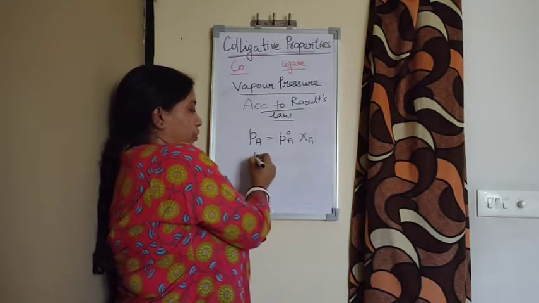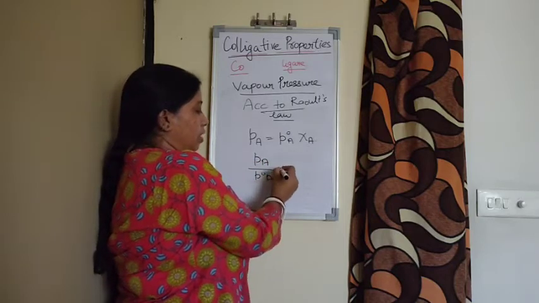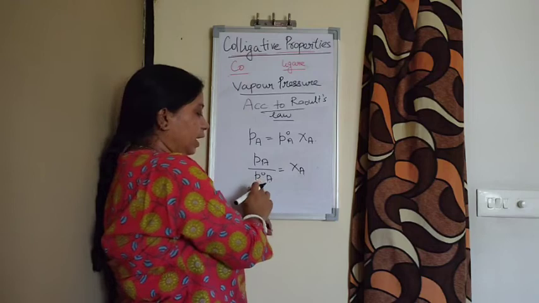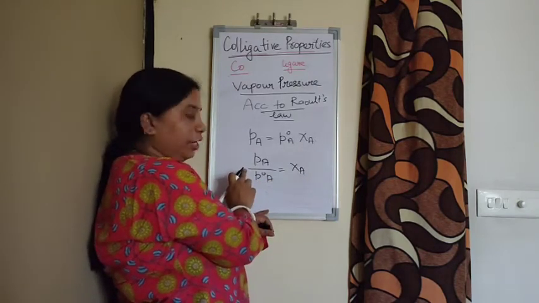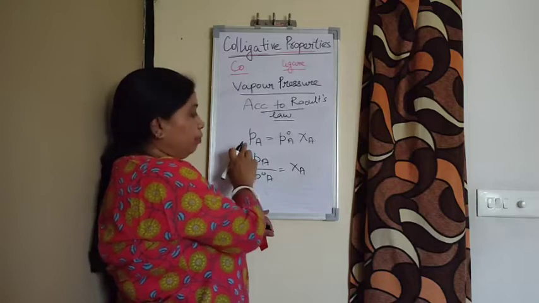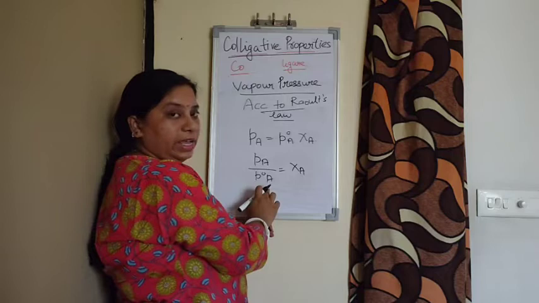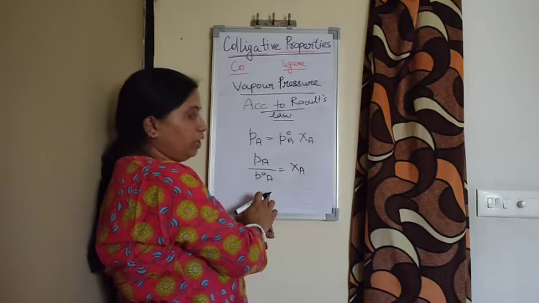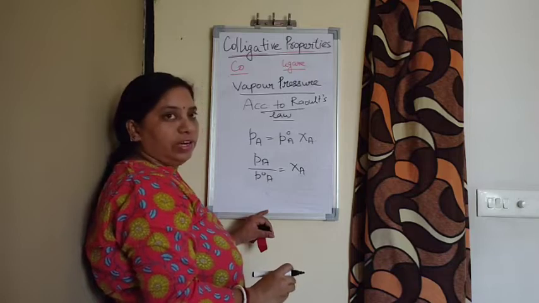Now if we take this equation in this form, it becomes PA upon P naught A is equal to XA, where PA is the vapor pressure of the solvent, P naught A is the vapor pressure of the pure solvent, and XA is the mole fraction of the solvent.